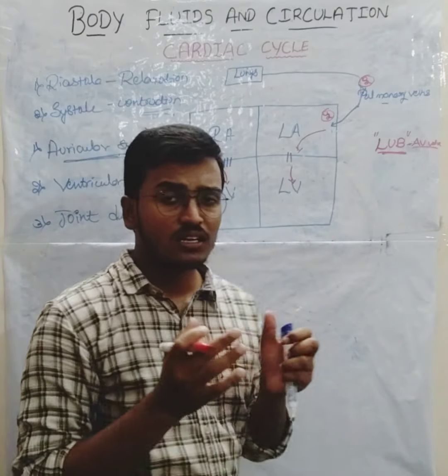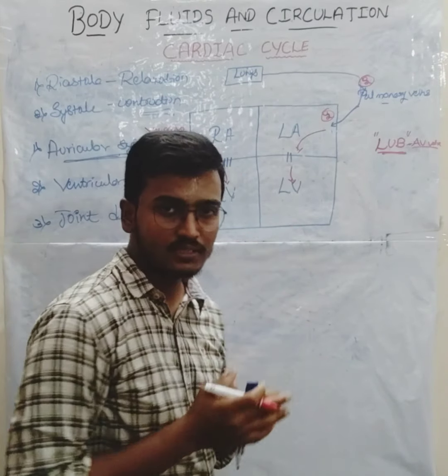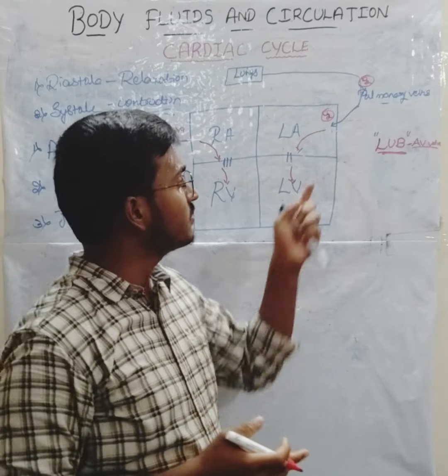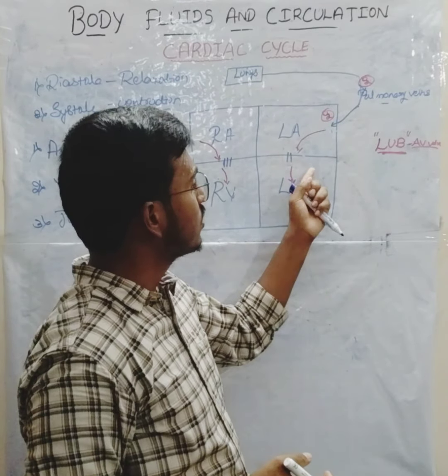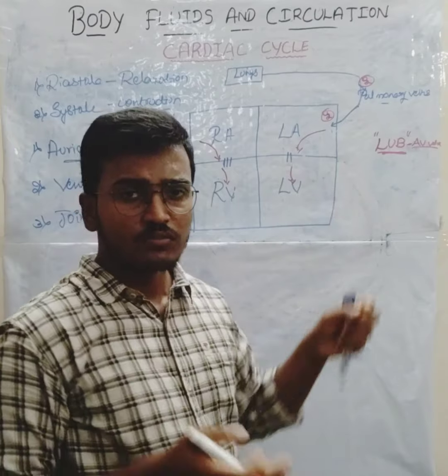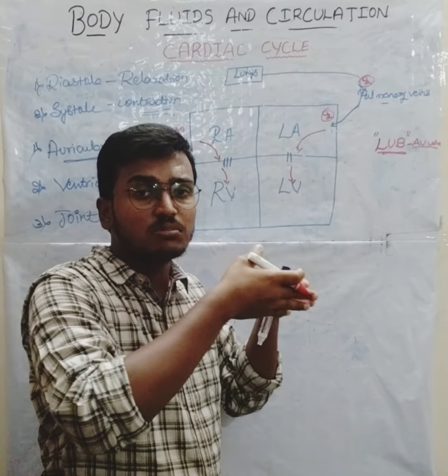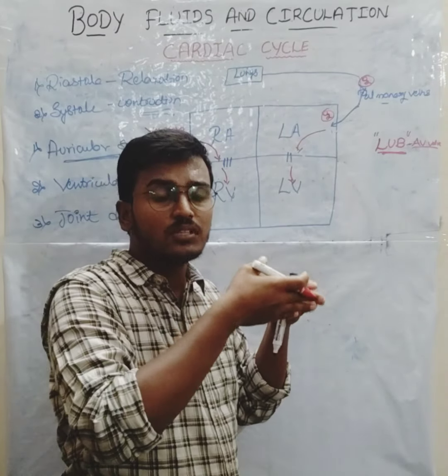Now ventricles are contracting, auricles are relaxing, and the blood has moved from auricles to ventricles, and the closure of valves takes place. Just consider the movement of blood, and the cusps are present.